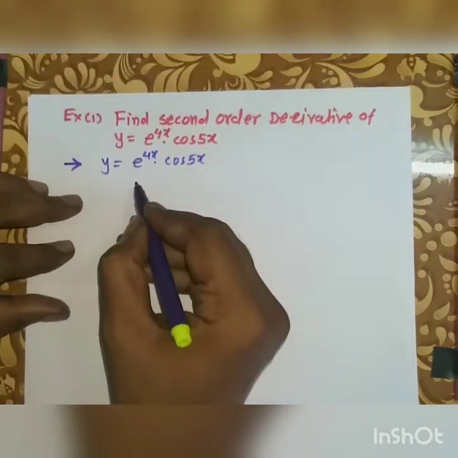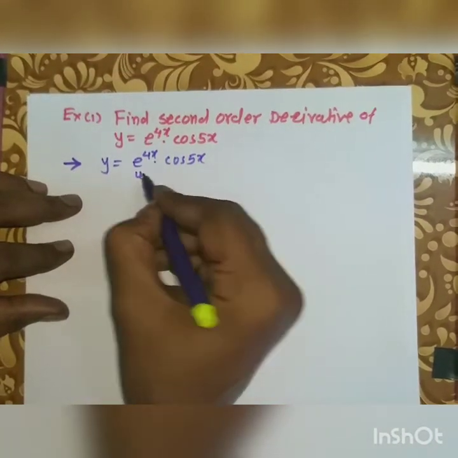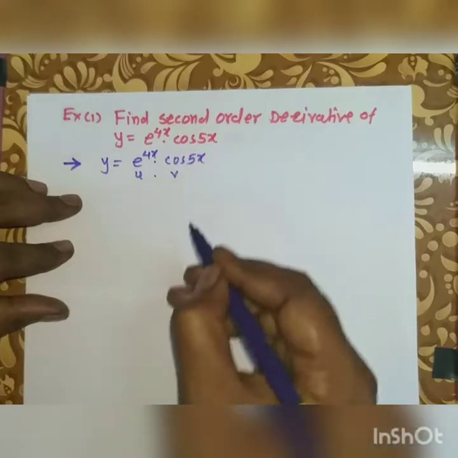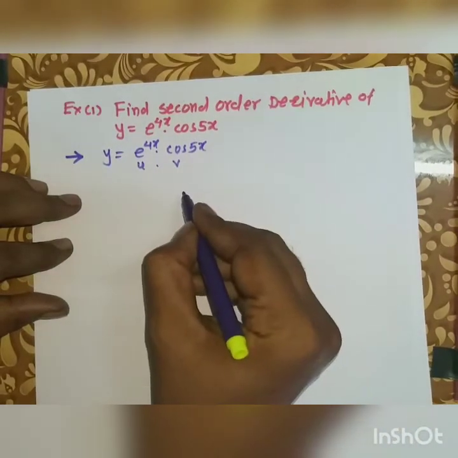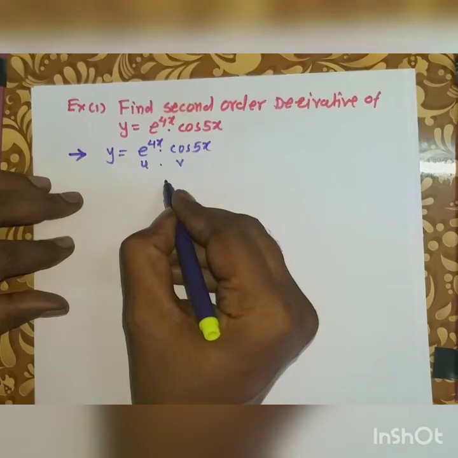Now this is the product of two functions, u into v. That means we apply the product rule of derivative.